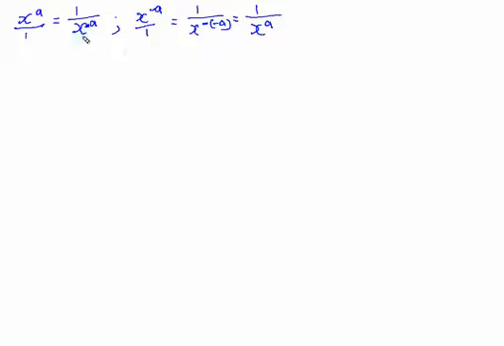So you can see, if you have a negative power in the denominator and you bring it up to become a numerator, it becomes positive. Now, if you have a positive power in the denominator and you bring it up to become a numerator, then it becomes negative. Okay, these are the very important rules.